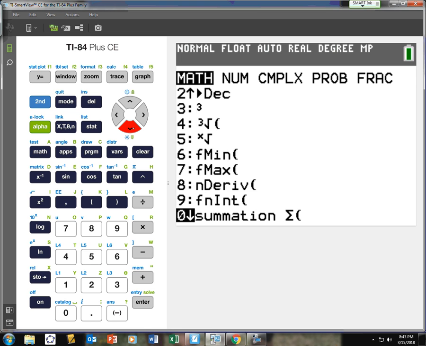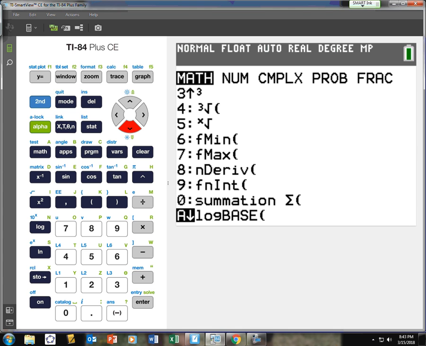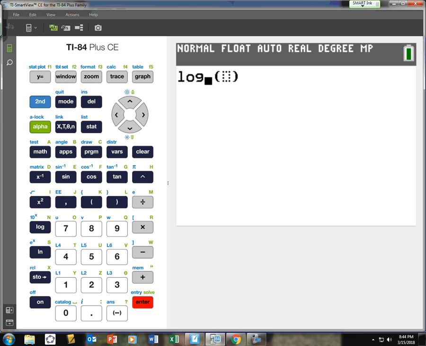Some of the older calculators might not have this. So if you have an older calculator, your only way to solve this is to use the change of base formula. I can go over that in just a second. With our newer calculators, this is what we can do. Log base 5 of 6. And then I want to hop out of the parentheses and subtract 4.